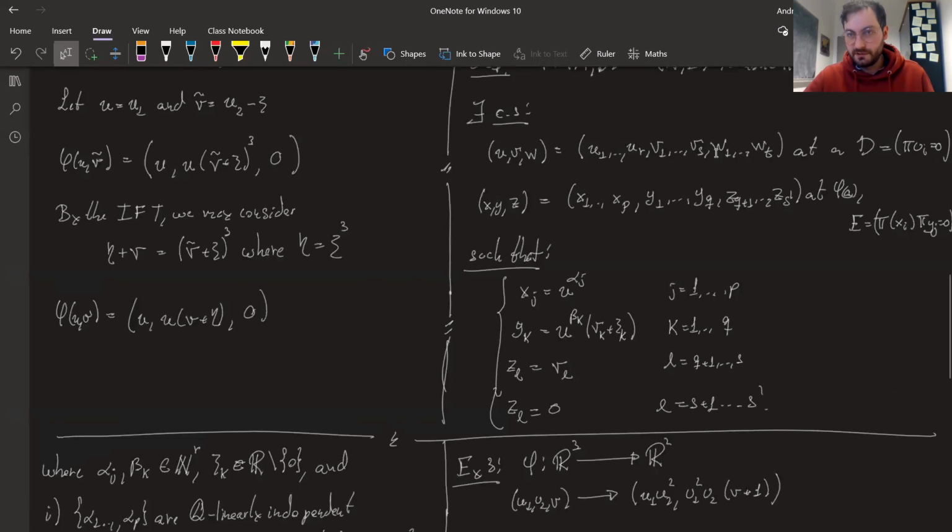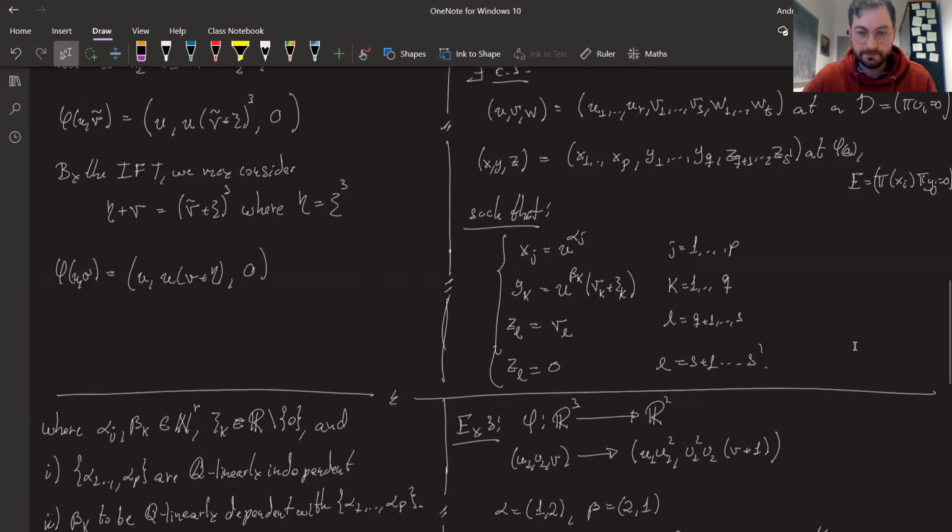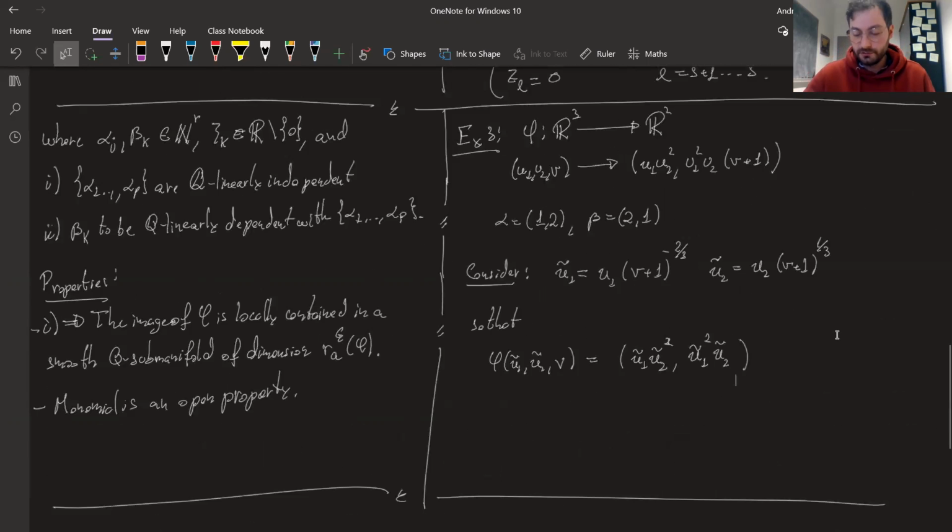For now it seems just technical, but when we talk about the proof, it will clarify why it's interesting to single out this W variable. For now, it's just an introduction of notation. There was nothing to prove here. Okay, fair enough, we talked about the properties. So now let me talk about the main results.